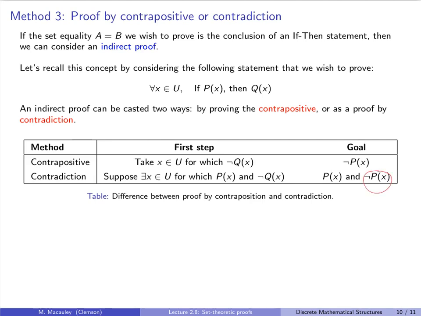And since we've already assumed that P is true, we have our contradiction. So really, these things are almost the same. I think the main difference is mostly in how you phrase it and how you write it up. For both of these, you're assuming that there is an x that makes Q false, and coming up with a reason why that also makes P false.